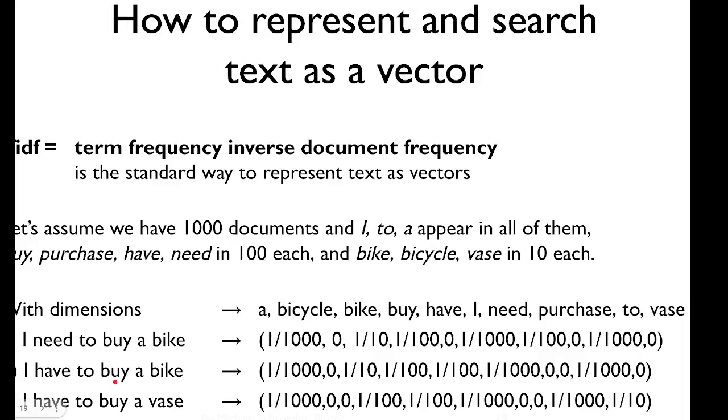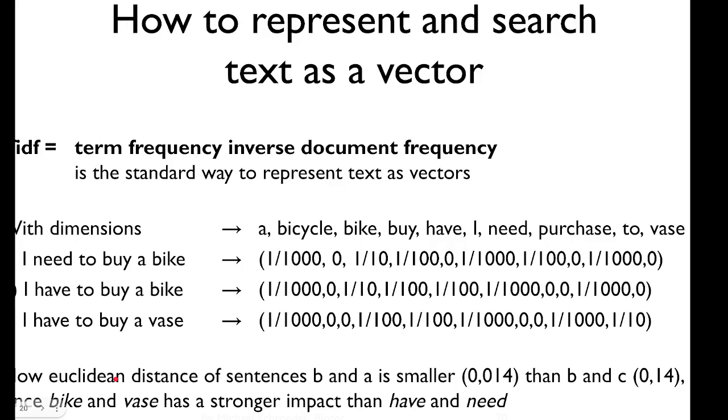So Euclidean distance without the IDF normalization would treat those two sentences A and C as having the same distance from B. But by taking IDF into account and by saying that bike versus vase difference has more impact than the less frequent need and have difference, that really gets us to differentiating those sentences.